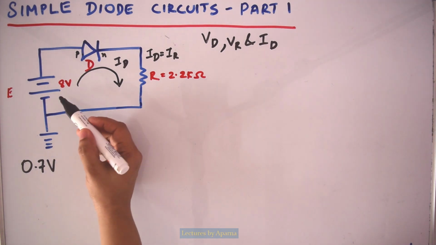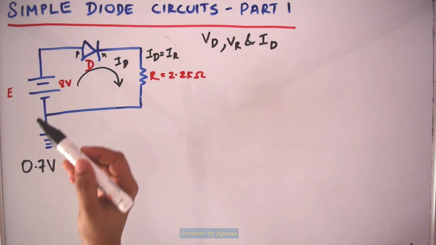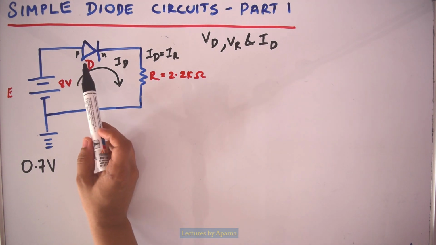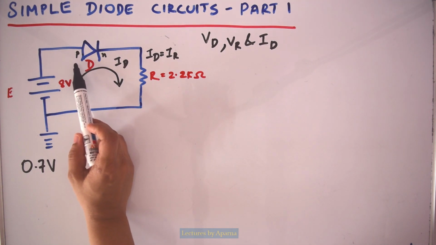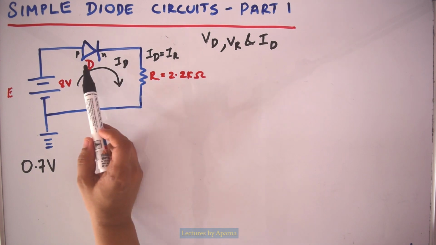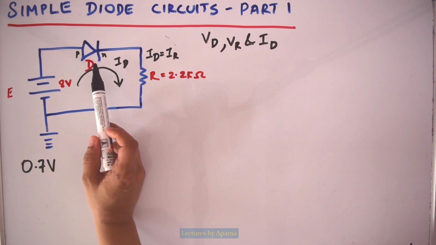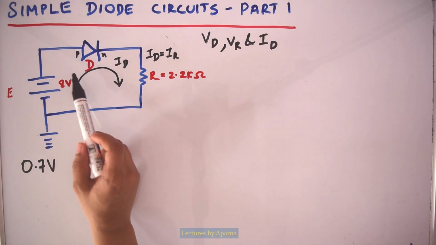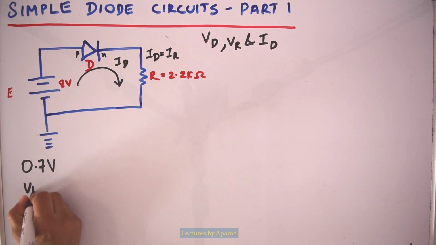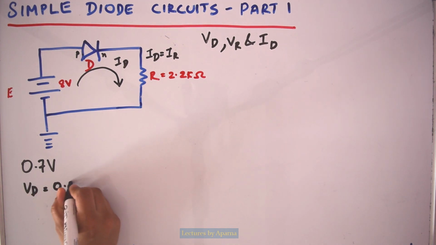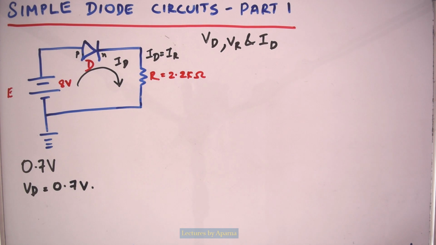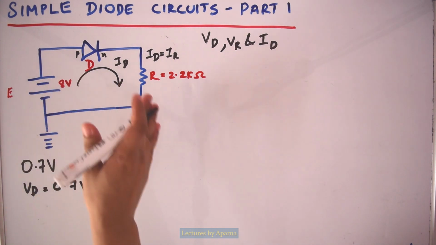Here the DC supply is 8 volt. So when the P region is at a higher potential compared to the N region, this diode will be on. And the voltage across this diode, that is VD, will be equal to 0.7 volt. And current will flow through it.